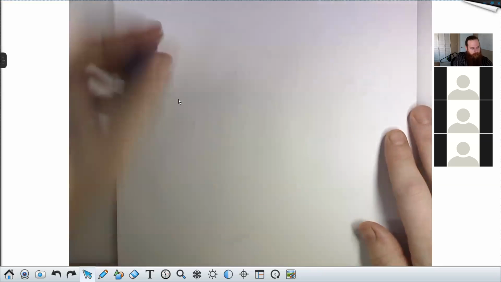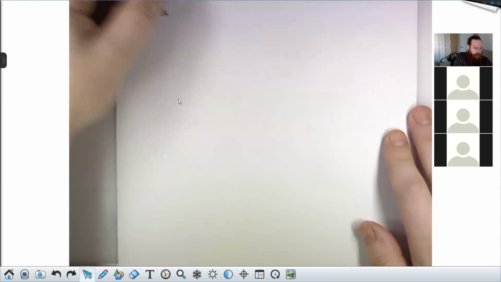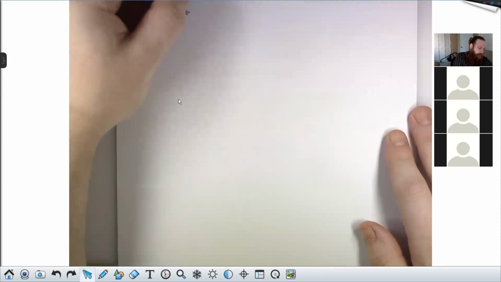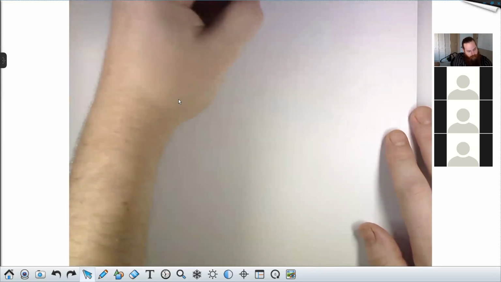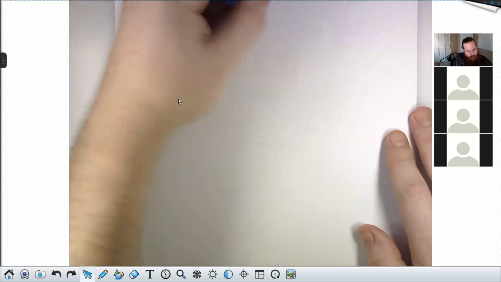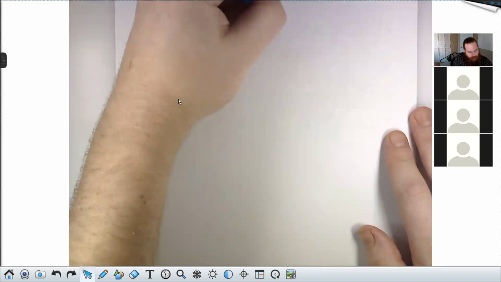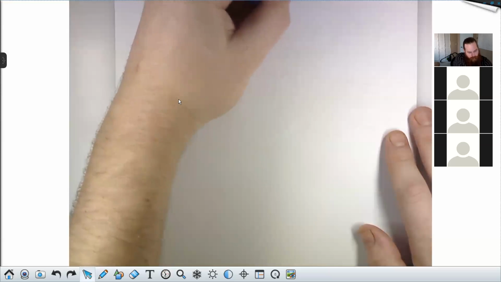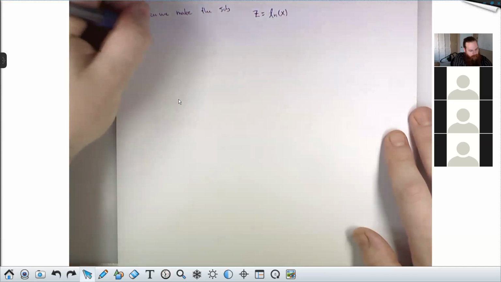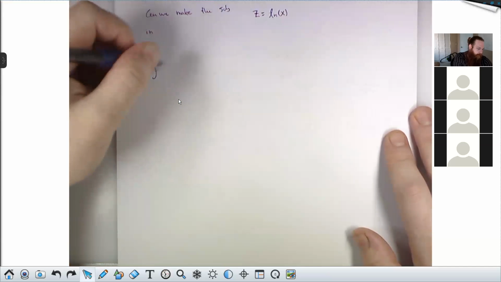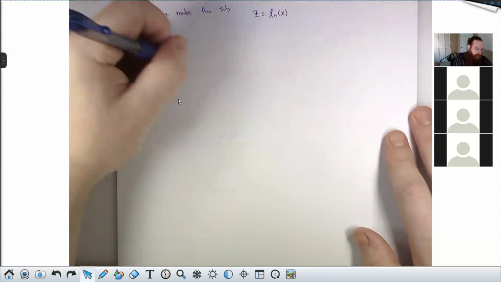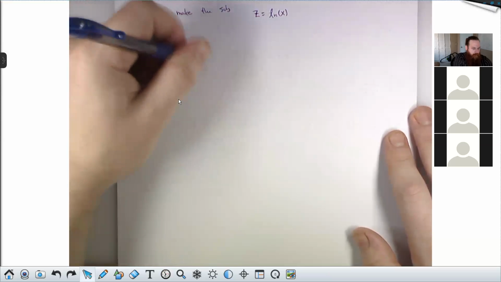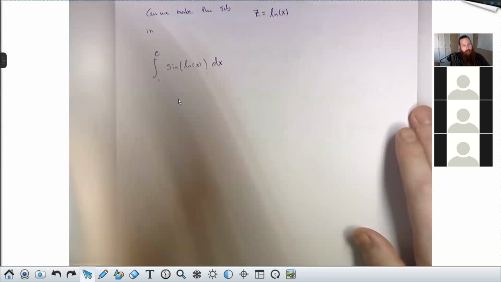But can we make the substitution z equals ln x in, say, the integral from 1 to e of sine of ln x dx.